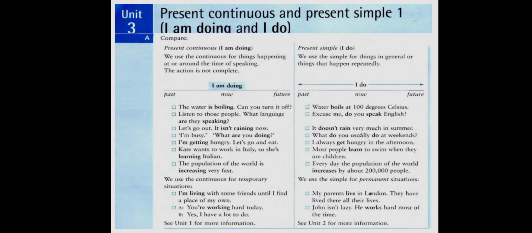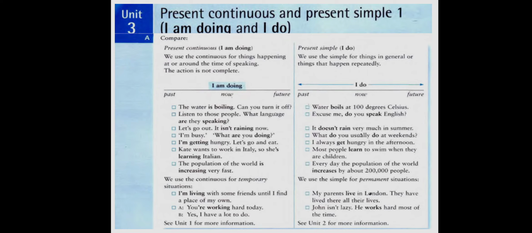On the other hand, we say every day the population of the world increases by about 200,000 people. The number 200,000 people makes the statement here a fact. So, since the statement is a fact, we use present simple.